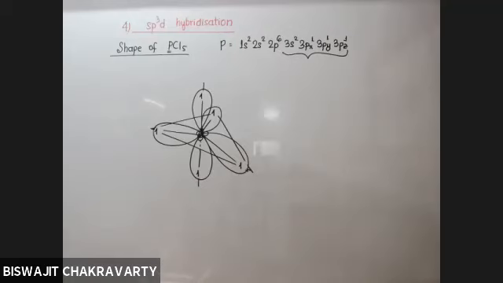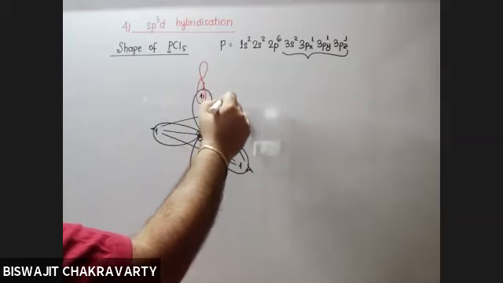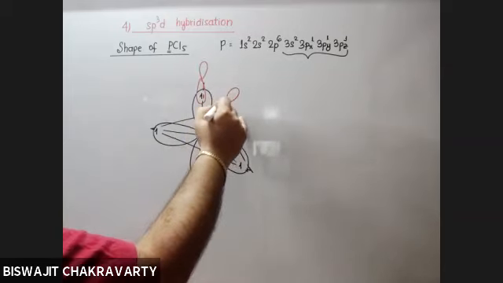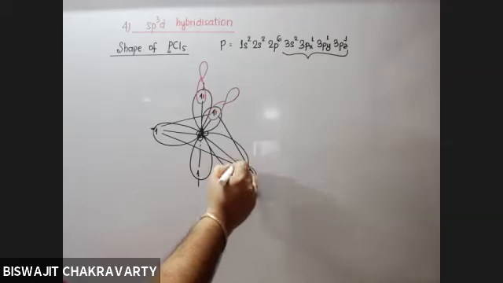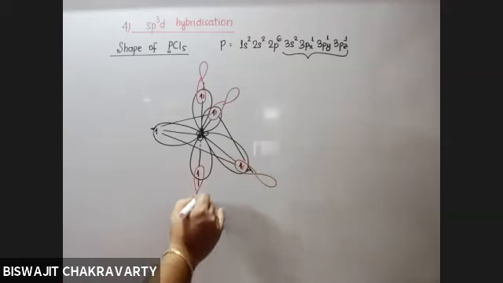Now, once the phosphorus is prepared, it is going to invite the chlorine atoms. When you look at the electronic configuration of chlorine, just like fluorine, chlorine also has an unpaired electron in a p orbital. Therefore, from all 5 different directions, the chlorine will come to form a total of 5 sigma bonds.